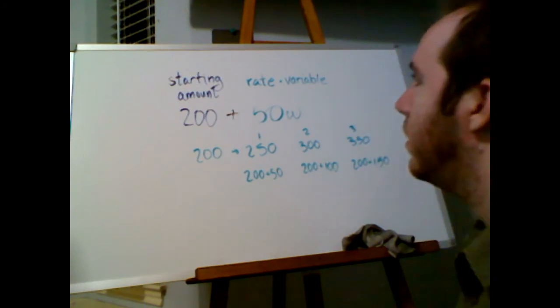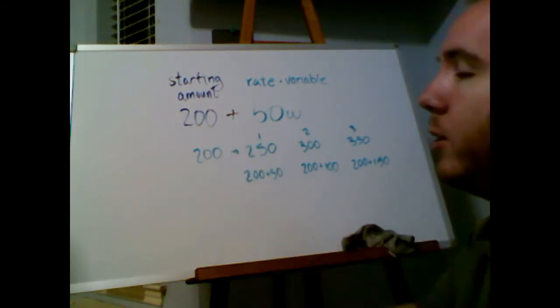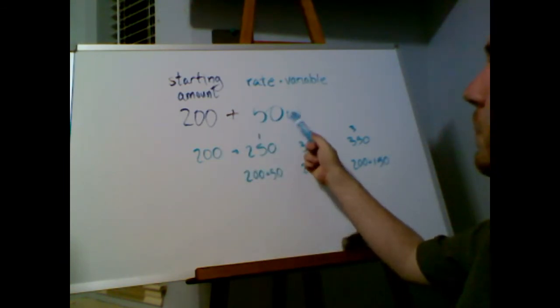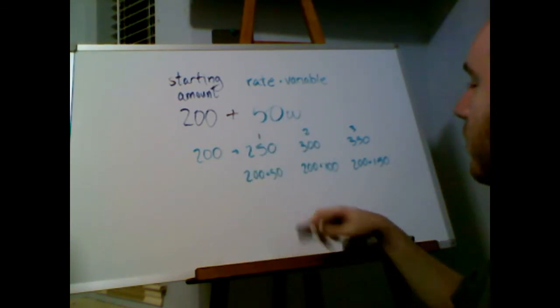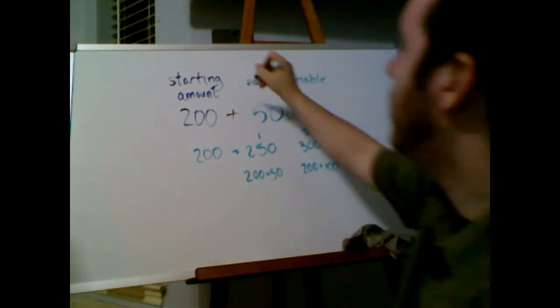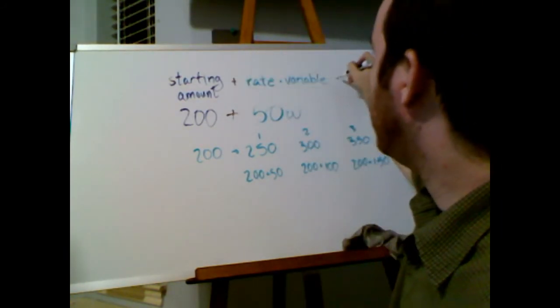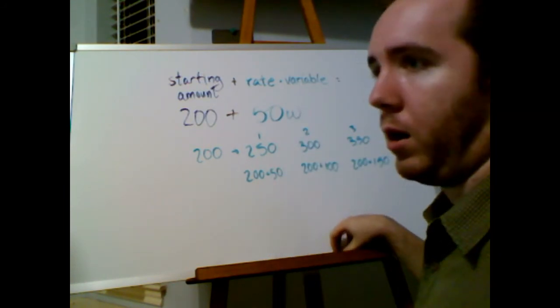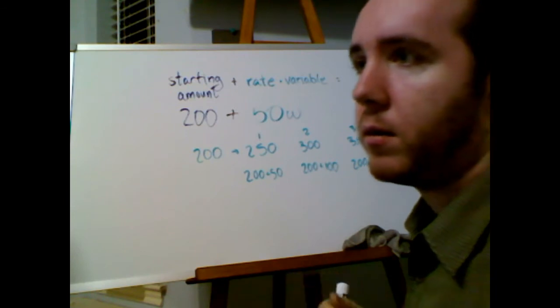So, our starting amount was 200, our rate was 50, and it's going to be multiplied by my variable. And it will equal a value that we are going to call our target.